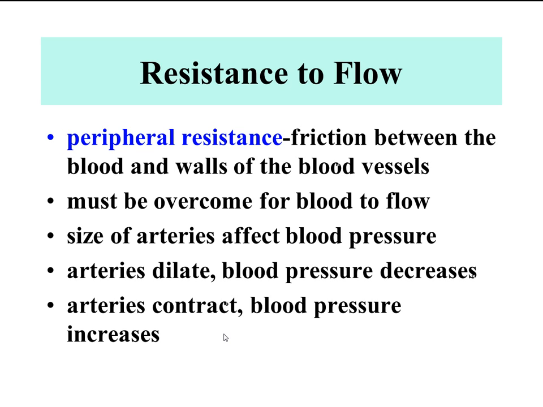You have these areas where these sensory receptors are, and if it is indicated that the blood pressure is too high, that information is sent to the medulla oblongata, and it can regulate the constriction. If the blood pressure is too high, it will cause the arteries to dilate to try to decrease the blood pressure.